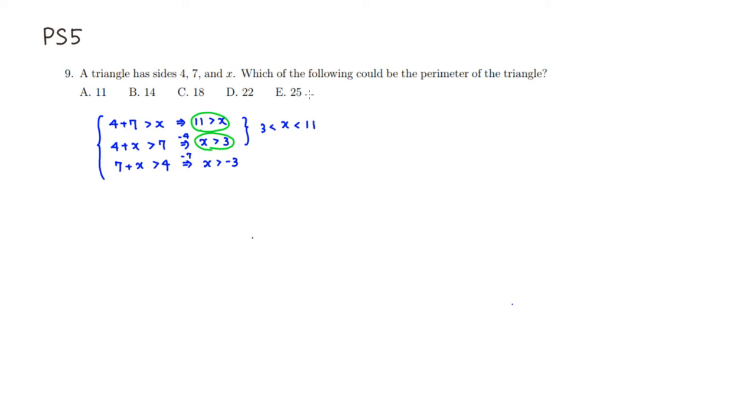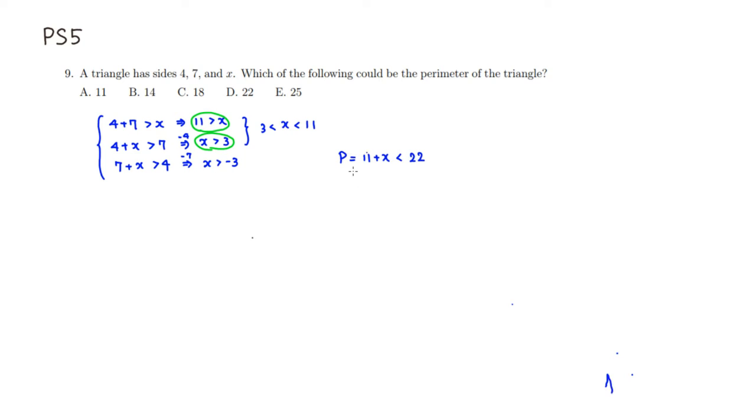All right. So if you're looking for the perimeter P, remember that P is just the sum of 4 plus 7, so it's 11 plus x, right? 11 is the upper bound for x, so the largest x could be is 11, and 11 plus 11 means P is less than 22, right?